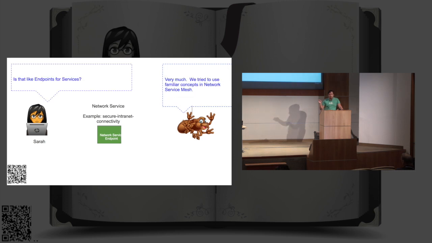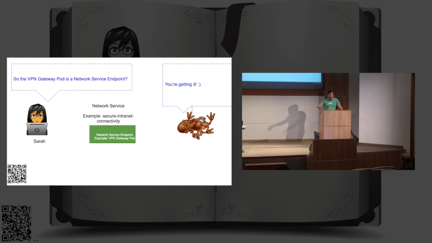So that endpoint is, in this scenario, a pod that provides the concrete thing that provides that network service. So it's very analogous to endpoints in Kubernetes, where you have a service that's been exposed, and you can have multiple pods that provide that. So it's a similar concept.